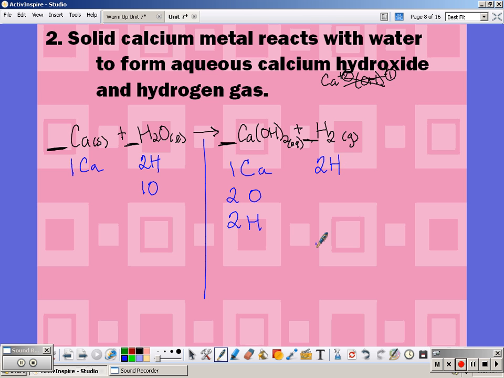I have 2 hydrogens on this side and a total of 4 on this side. So I'm going to multiply by 2. So I have 4 hydrogens and 2 oxygens on both sides and 1 calcium on both sides, so we're actually balanced. So we need to put a coefficient of 1 on each of those lines. And then that would be my final answer.